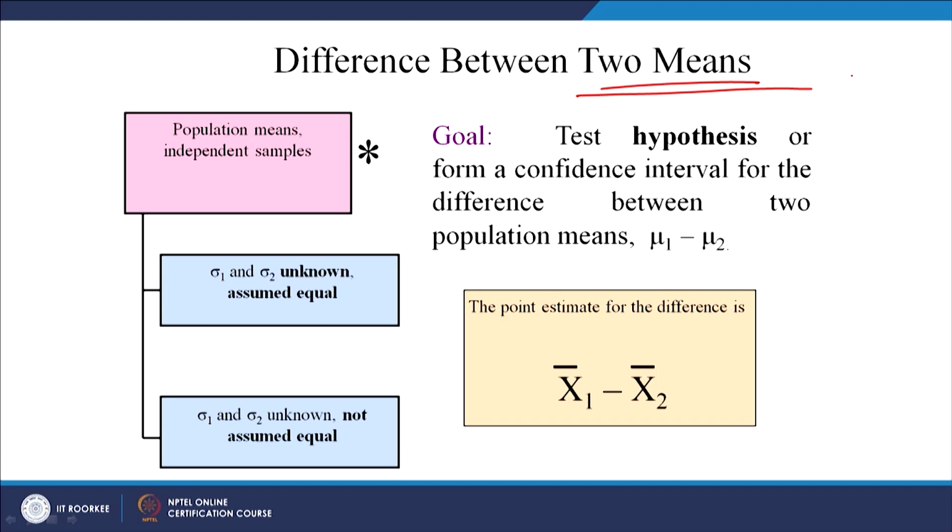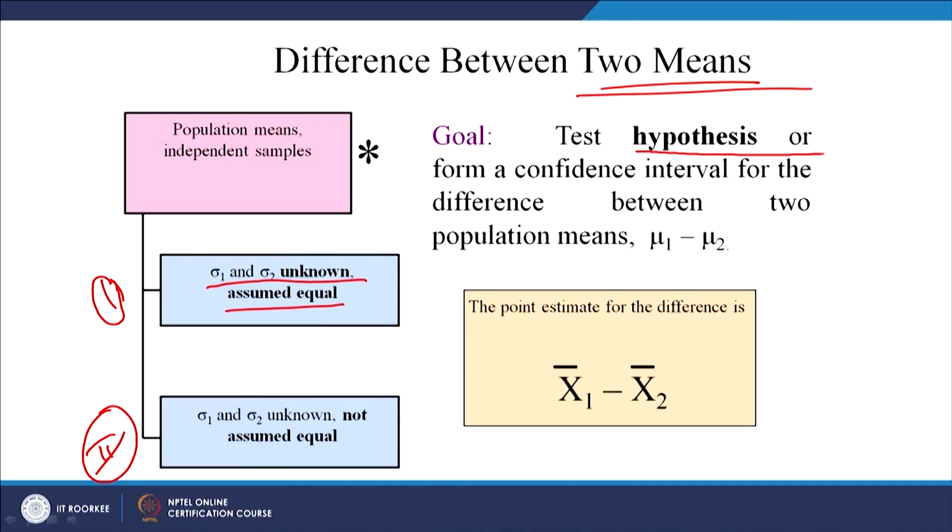So, for the difference between two means, you can have two situations: standard deviations unknown but equal, and unknown but unequal. This is the second case, right. This is case number 1, this is case number 2, right. So, they are unknown but assumed equal, or they are unknown and they are not equal, right. So, we want to test hypothesis, or we want to form a confidence interval for the difference between two population means.